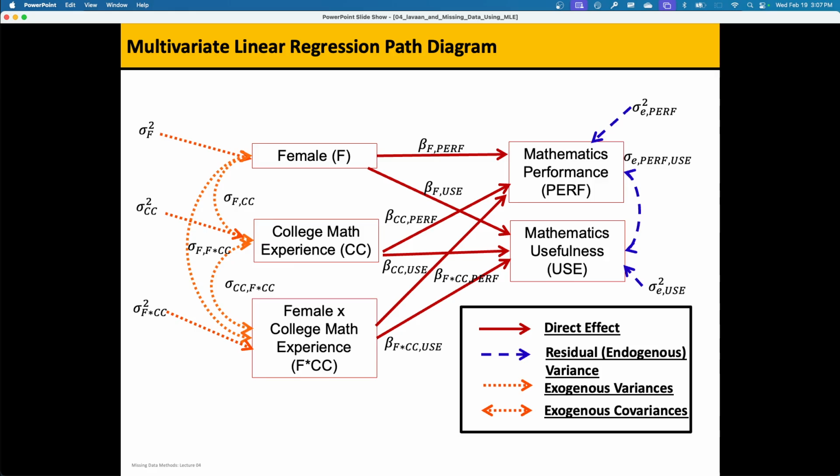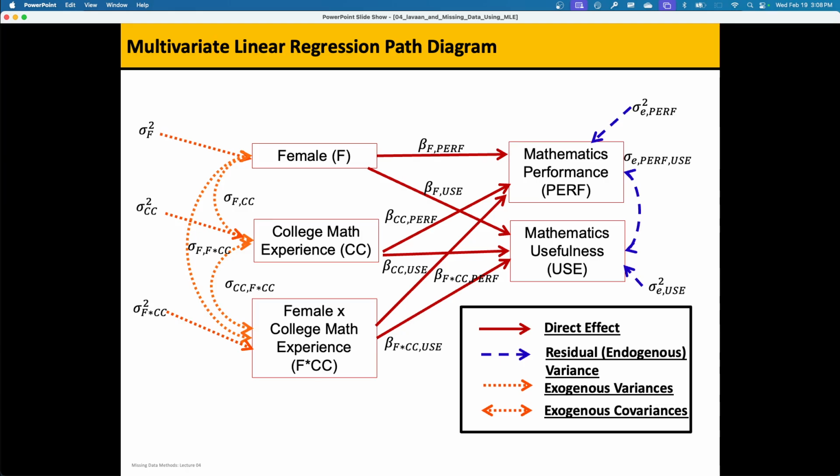And then here's our path analysis model. So here's what we're describing. The terms in blue are our residual values. These are our coefficients of the model. And the terms in orange are the exogenous variances and covariances. Now, depending on your structural equation modeling software, depending on the options you put into lavaan, the only two variables in the likelihood may be the endogenous variables.